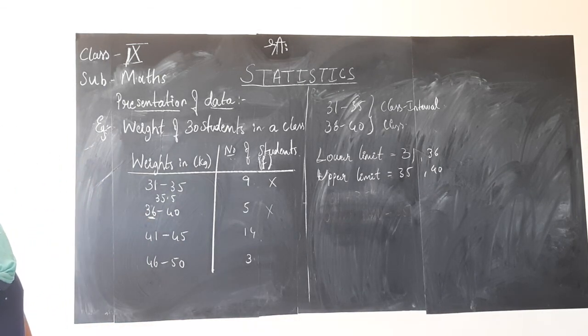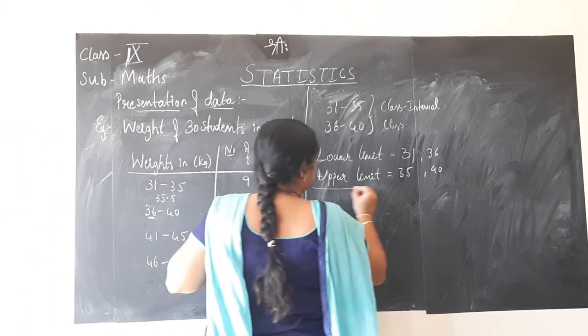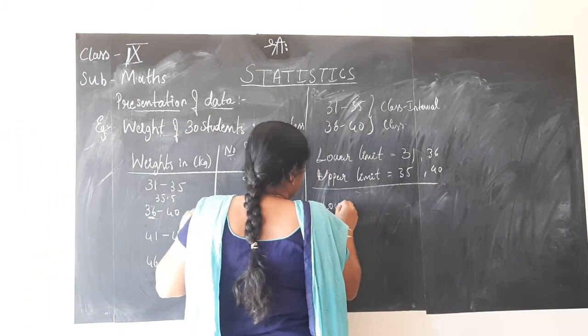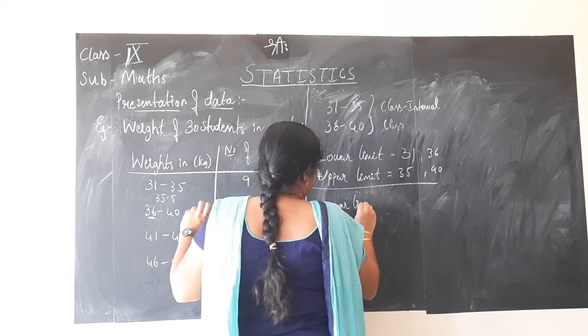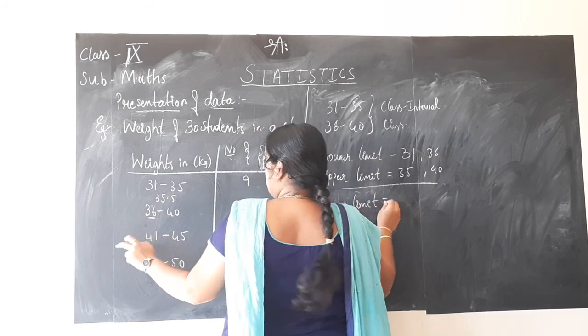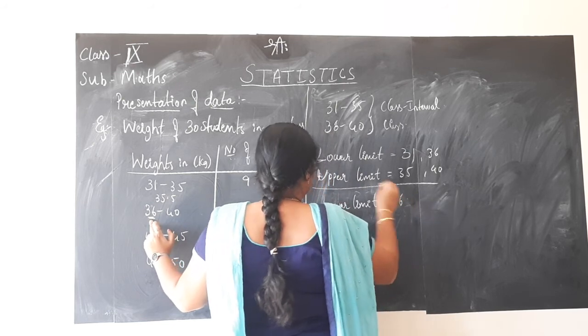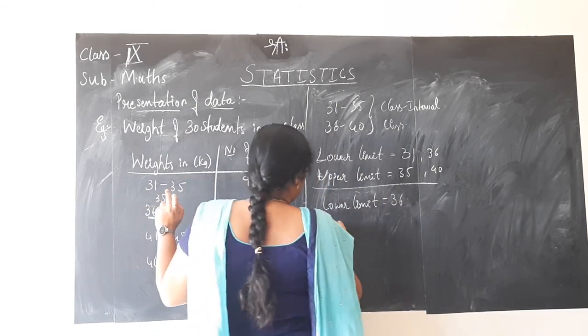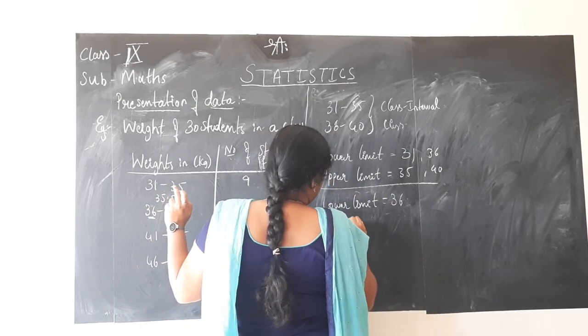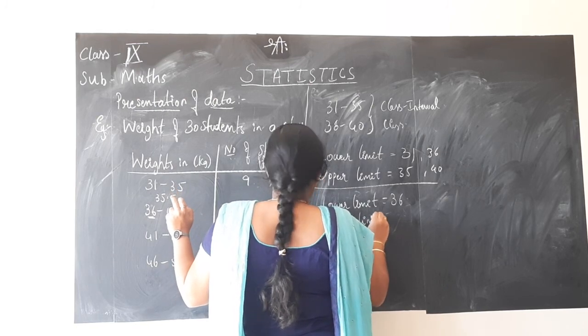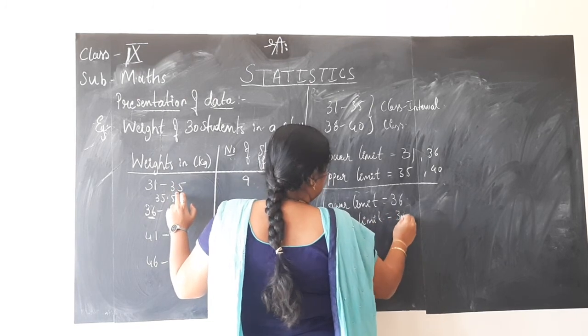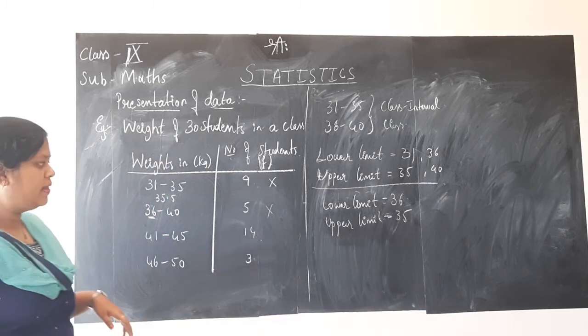What is the lower limit of second class interval? Lower limit of second class interval is 36. What is the upper limit of first class interval? Upper limit is 35. Correct?